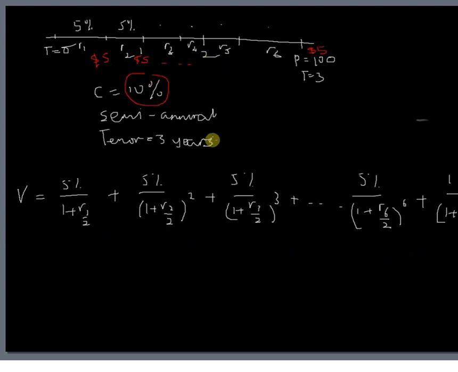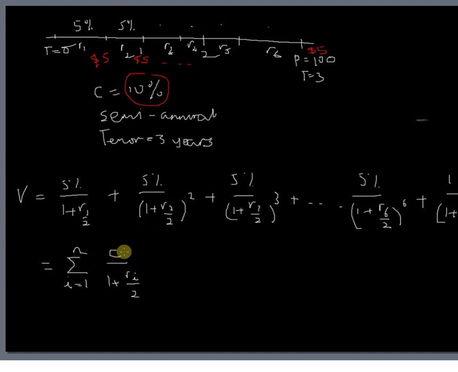And notice that all the R are different. So we can write it generically. This is a summation to the nth term, starting from 1. C is the coupon rate, divided by 1 plus R divided by 2 to the power of i, because it so happens that this is a semi-annual payment.